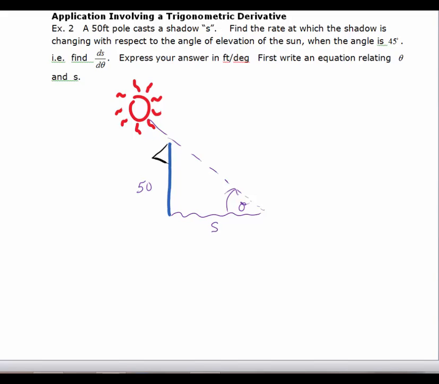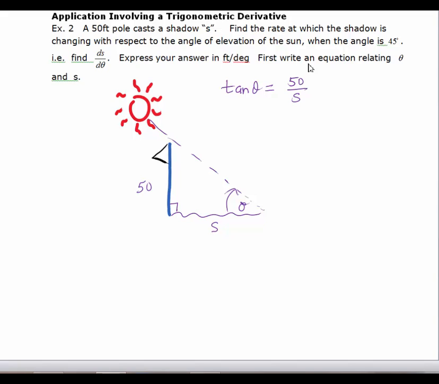So we want to find ds d theta, so we first need to come up with a relationship between theta, S, and this 50. We're going to assume that's a right angle. So the relationship between 50, s, and theta is tangent. The tangent of theta, tangent is opposite over adjacent, so that's going to equal 50 over s.